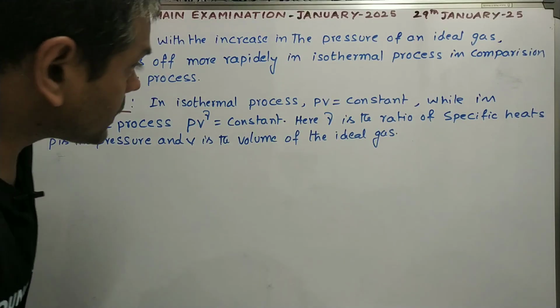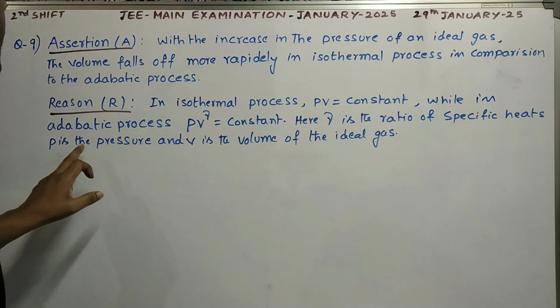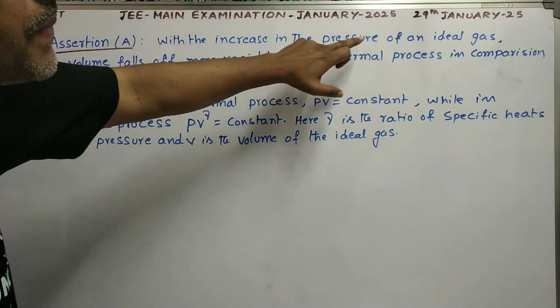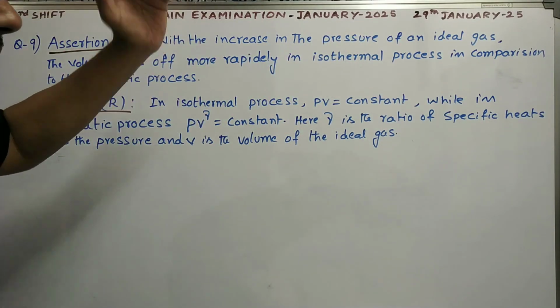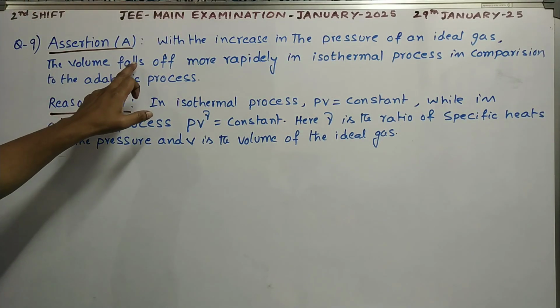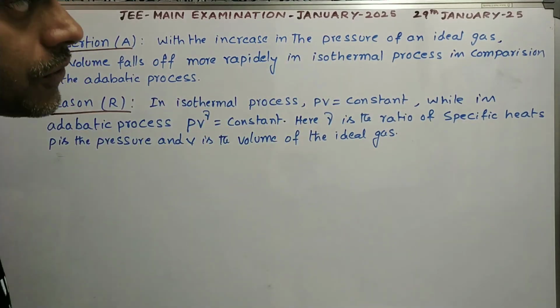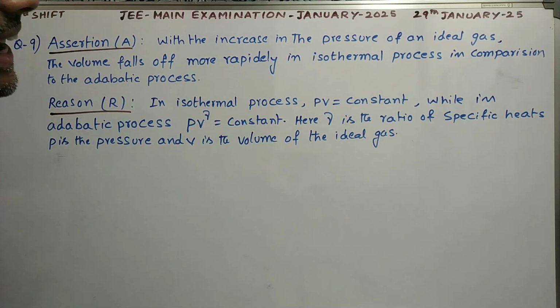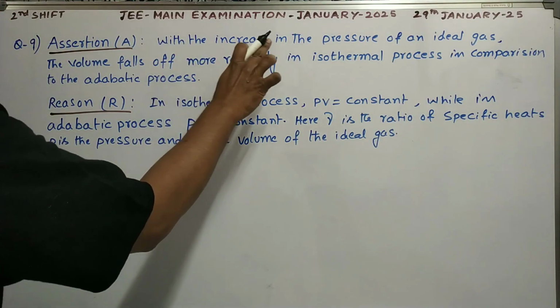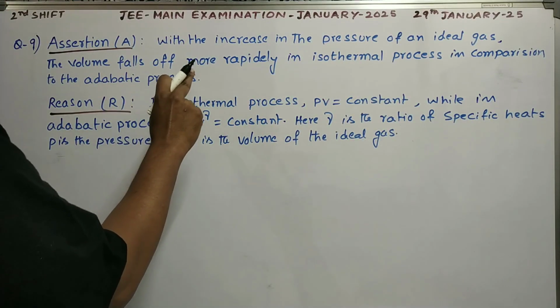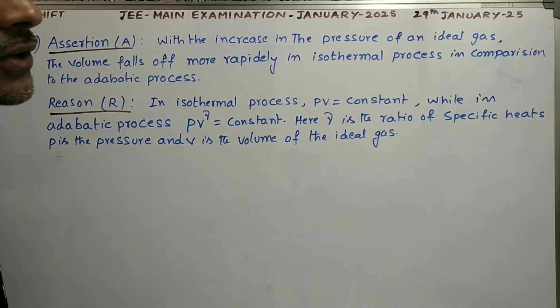Right. The ninth question, assertion and reason type. The assertion is given: with the increase in the pressure of an ideal gas, the volume falls off more rapidly in an isothermal process in comparison to the adiabatic process. First, let us analyze this assertion statement.